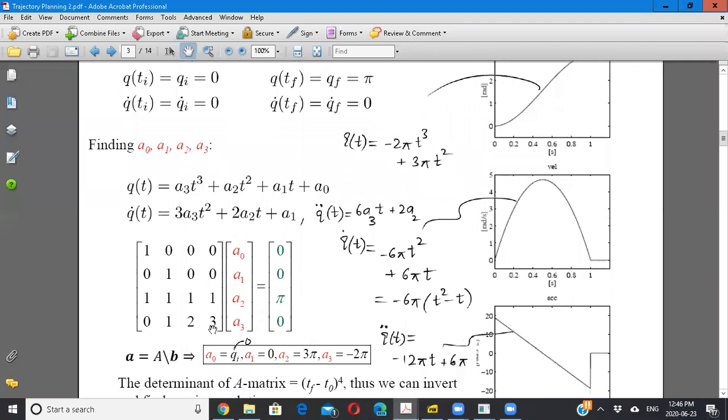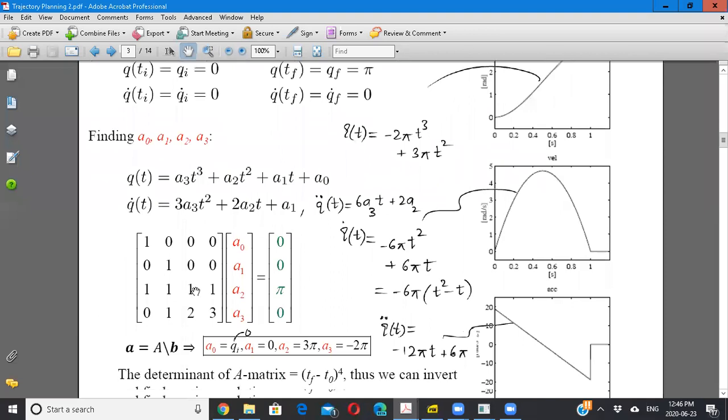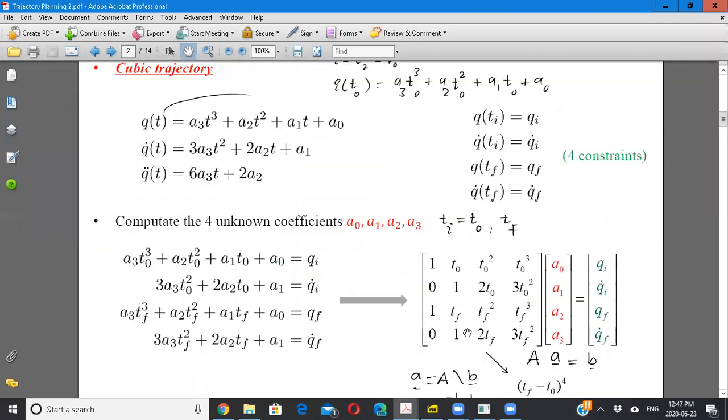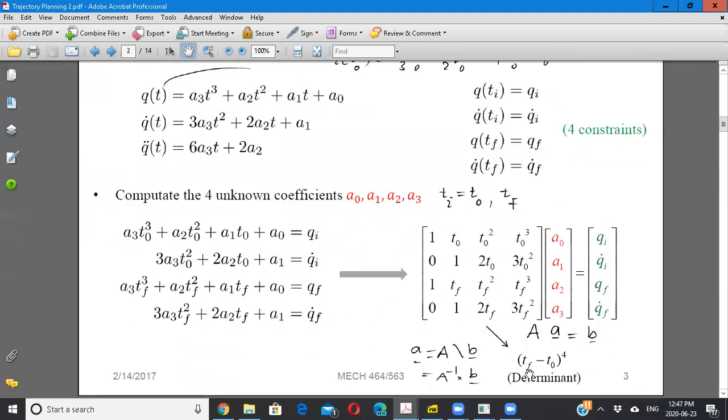So now we just take the inverse of this. You already know how to invert a matrix. You find the determinant of it, and 1 over determinant multiplied by the adjoint of that matrix will give you the inverse. We already found the determinant of this here, which is Tf minus T naught raised to power 4.